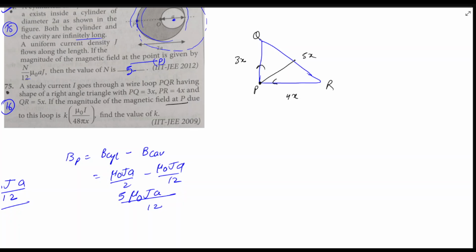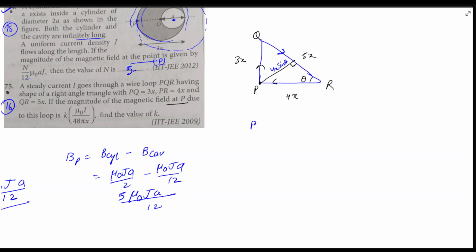So let's make a perpendicular distance like this. And if this is theta, and this is 4x, then this distance will be 4x sine theta, right? Okay. Now the magnetic field at P, the current is like this, right?